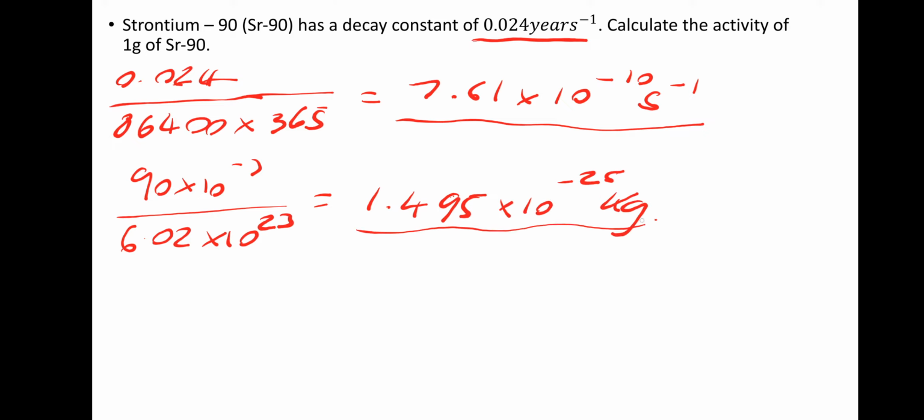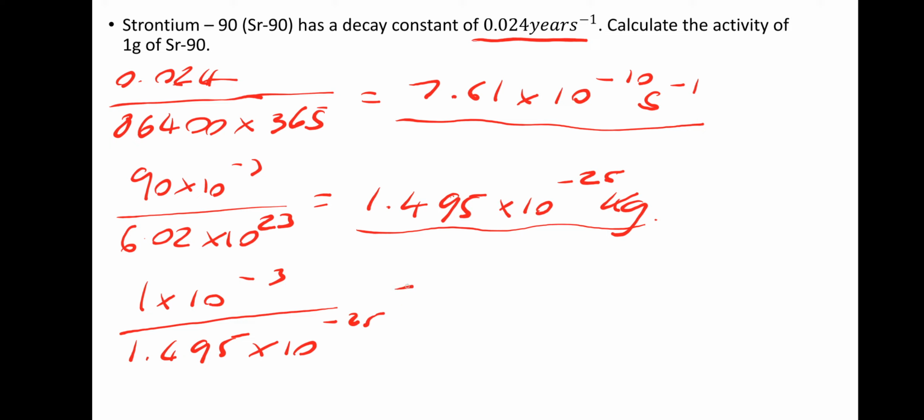And then we need to do the 1 gram divided by that. So 1 times 10 to the minus 3 divided by the 1.495 times 10 to the minus 25, which gives us a number of atoms of 6.689 times 10 to the power 21.